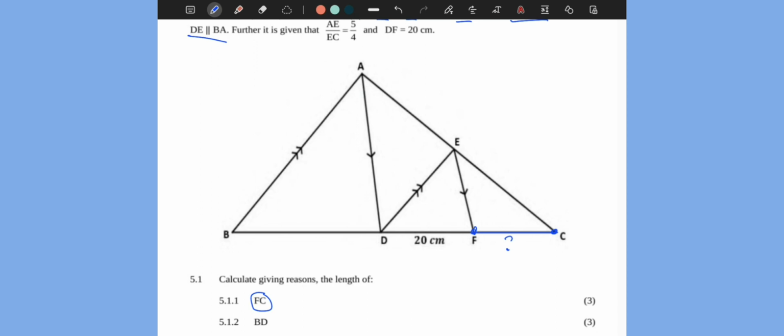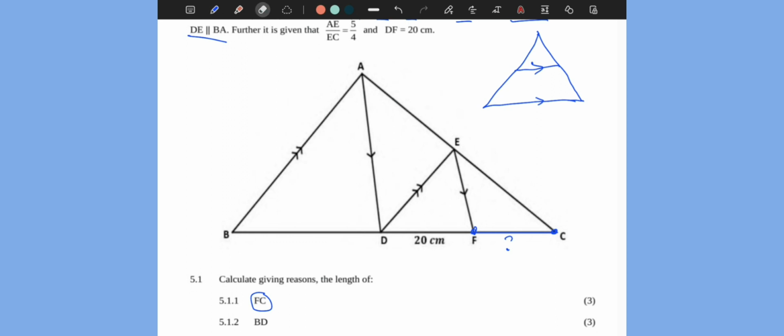So just because we are dealing with the proportionality theorem, we are only allowed to use the triangle that is forming the prop theorem, right? How do I see if the triangle is forming the prop theorem? By these two lines that are parallel to each other here, right? So we have to try by all means to identify the triangle that is forming the prop theorem, and that particular triangle must have FC on it.